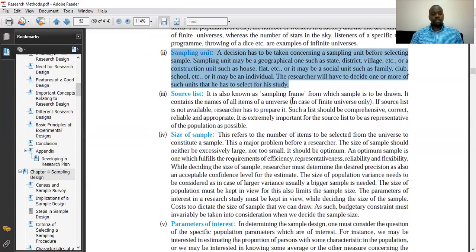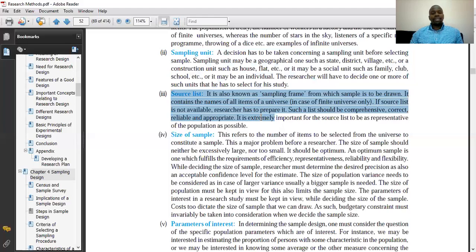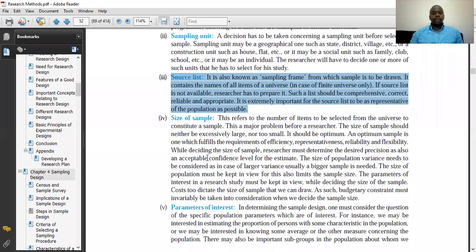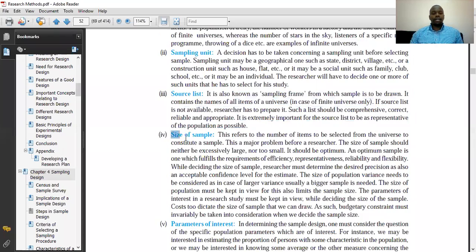That's the sampling unit. What are the names of the items and people that I'm going to be researching on? The names, the list, they have to be divided according to a certain criteria as well. That's the source list. Then from the source list, you determine the amount of sample you're going to pick.